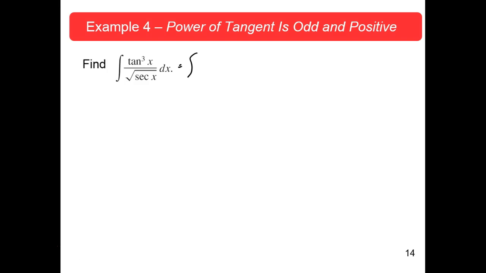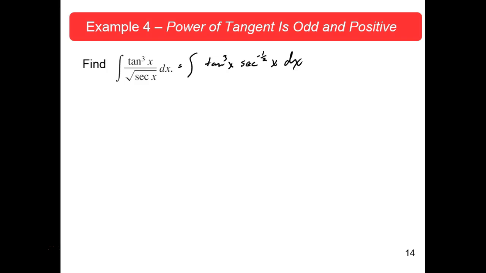Get it out of the denominator, you said? How would you do that? Secant to the minus 1/2 x. I like it.